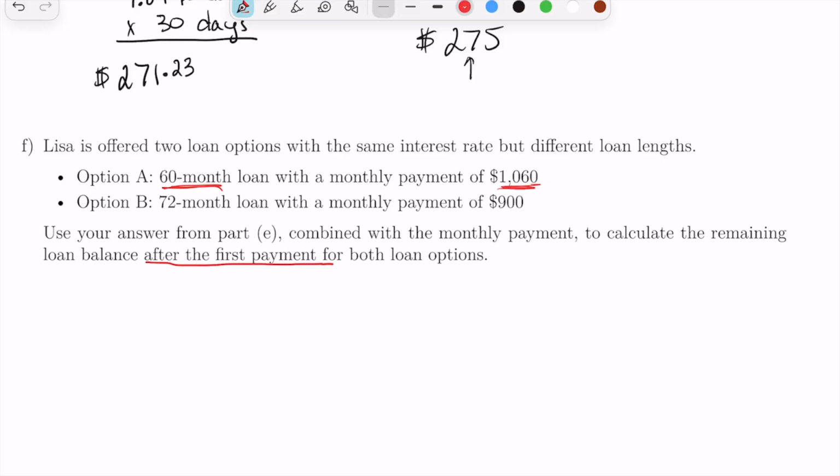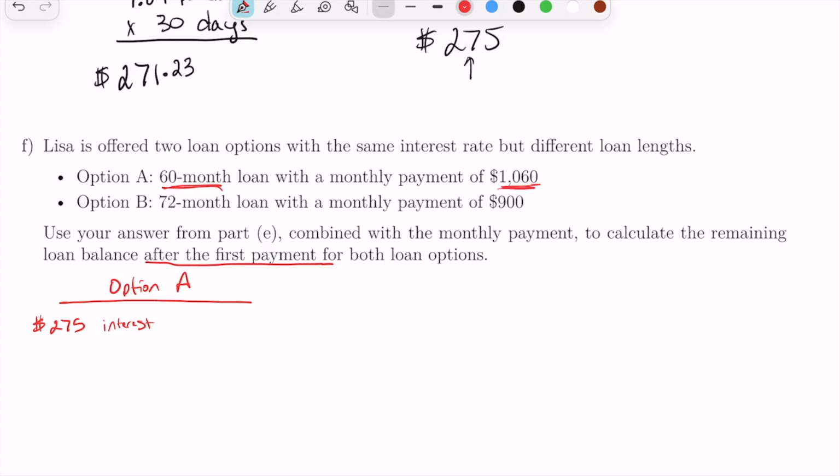Okay. So let's first do option A. That's the 60-month loan. Well, we know that she's going to be paying $275 in interest. We're just going to use the monthly amount that we found. Now, the way that these work is she borrowed $55,000 and this is accruing interest.